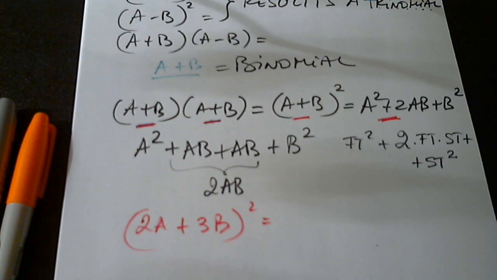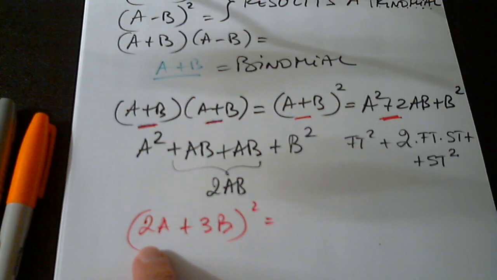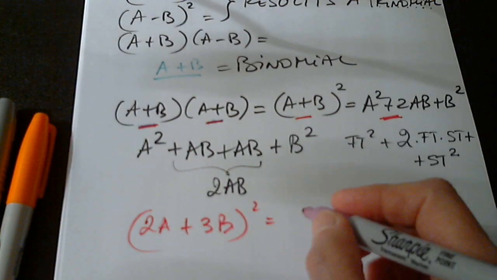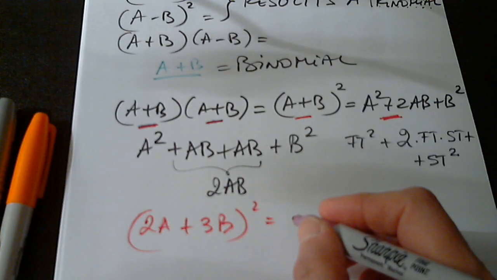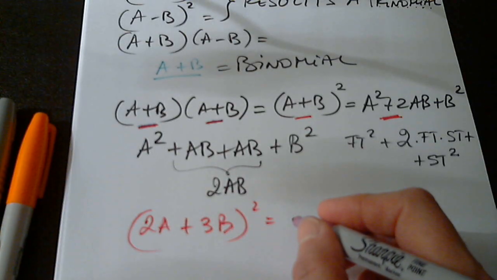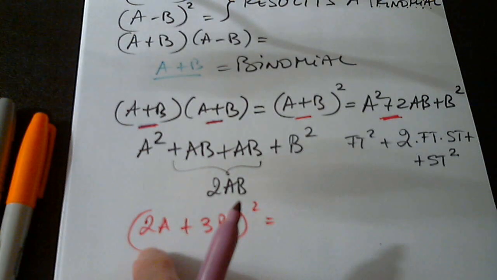Yes. Can anyone help us write these three terms here? We have to square the first term. Can anyone give us the first term squared? No one can square 2a?